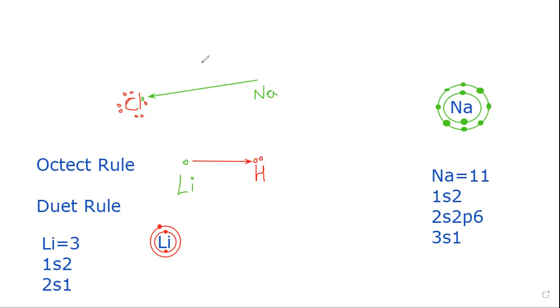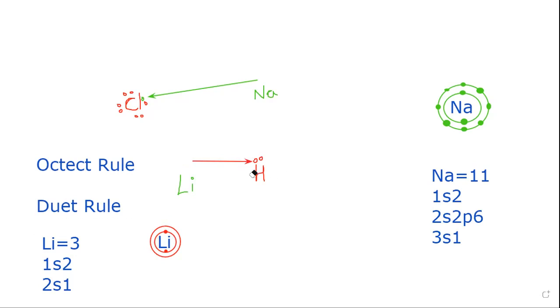Lithium gives that electron away, exactly the same thing that sodium did up there. So now this electron disappears because it goes to hydrogen. The electron in the second energy level, in the second ring, disappears. And now the first energy level becomes the outermost. And for hydrogen, we'll also have 2.